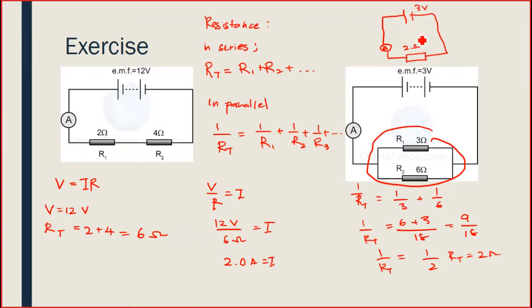In order to find the current, use the same formula: I is equal to V over R. The voltage is 3 and the resistor is 2, so 3 divided by 2 is 1.5 ampere. That is how you get the current inside this circuit. Okay, all right.